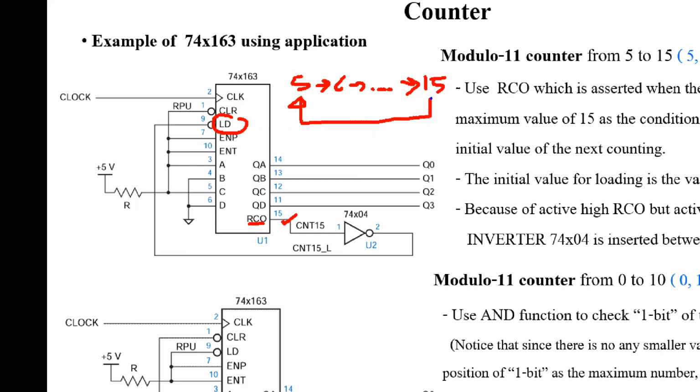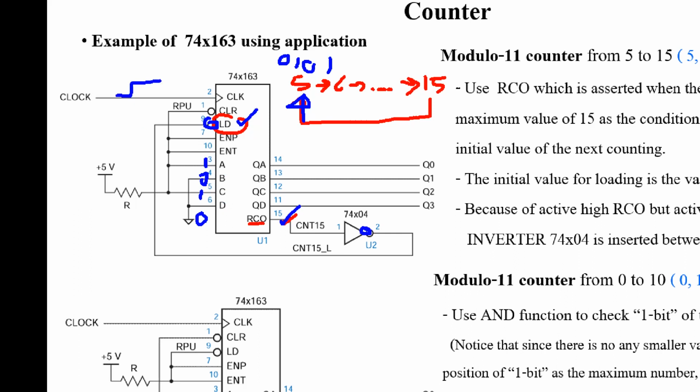That means when it is 15 and the clock ticks, you go to 5. 5 is 0101. So I will use load. And because load is active low, I add an inverter here. That means when RCO is active, load is active, then I apply 0101 at DCBA.